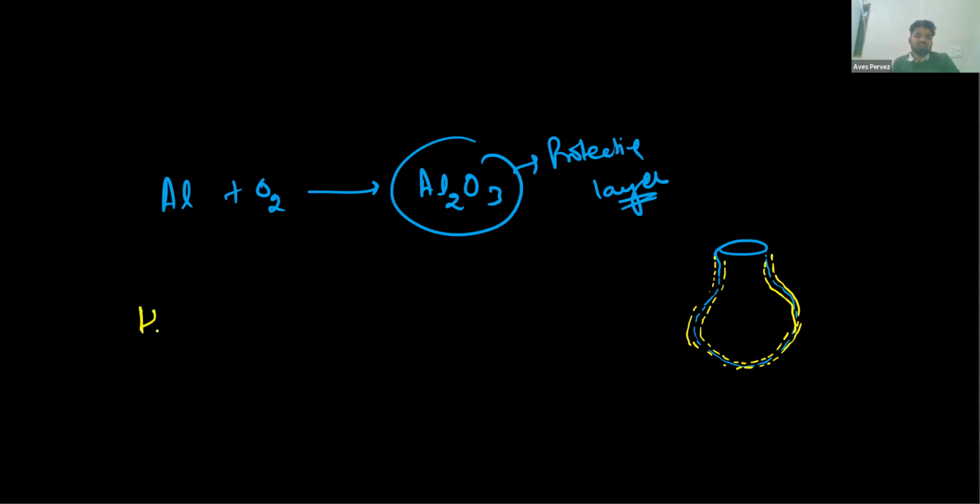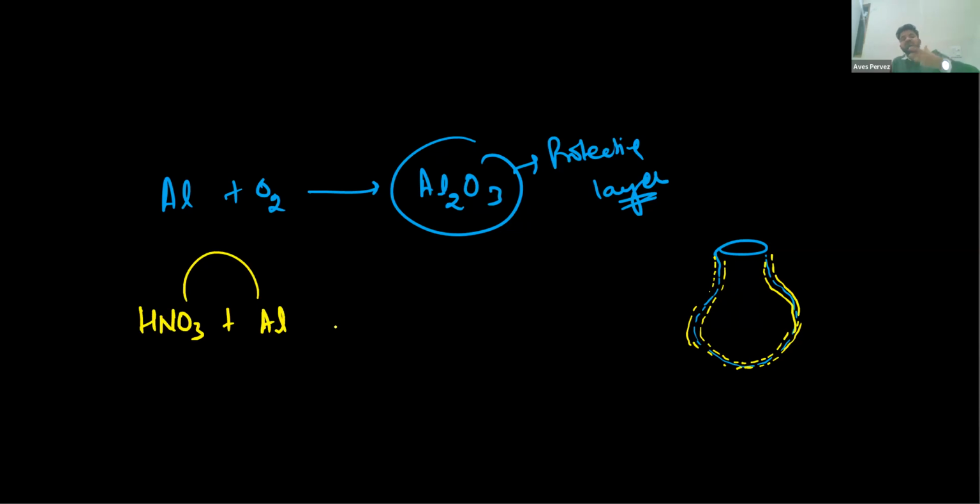So when it reacts with HNO3, first of all, HNO3 does not react with aluminium. HNO3 only reacts with manganese and magnesium to liberate hydrogen gas. Moreover, if it reacts, then it forms Al2O3, aluminium oxide, or aluminium nitrate.